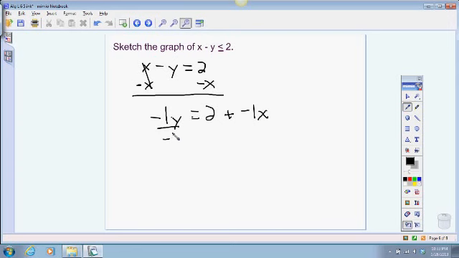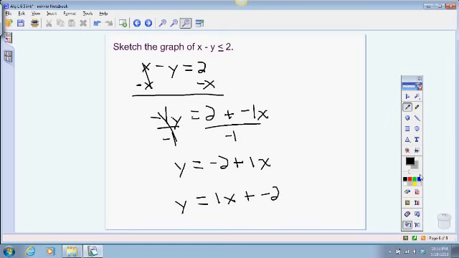I'm going to divide both sides by -1. -1 divided by -1 is 1y, equals 2 divided by -1 is -2, plus -1 divided by -1 is a positive 1x. And if you're more comfortable, you can write the x term first, 1x plus -2, remembering that this is y equals mx plus b.